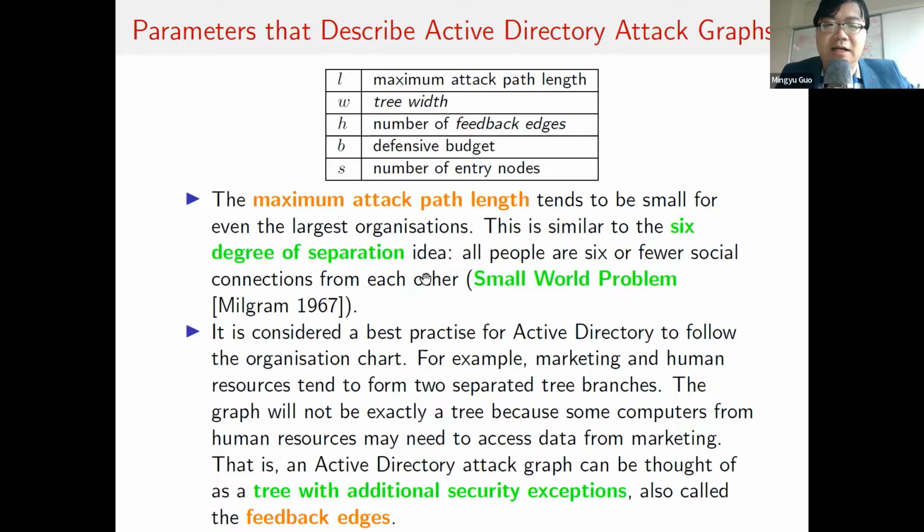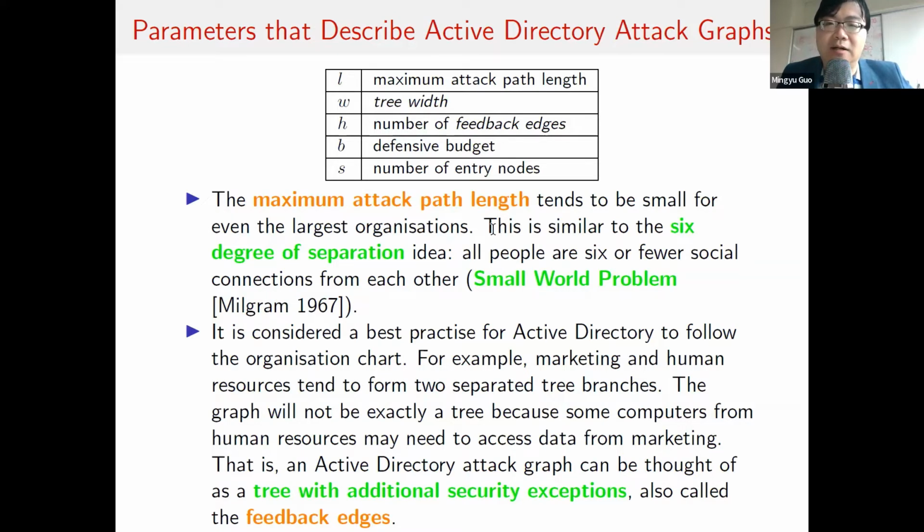Essentially the idea is that all people in the world are 6 or fewer social connections from each other. This is not a proven fact. We cannot prove it, just like the small world observation. It's just something we assume is going to be generally true for practical Active Directory graphs. That's the parameter for describing maximum attack path length.